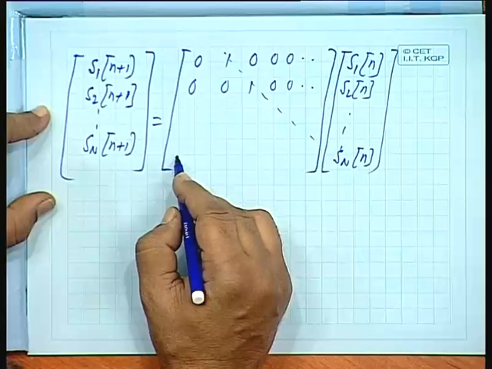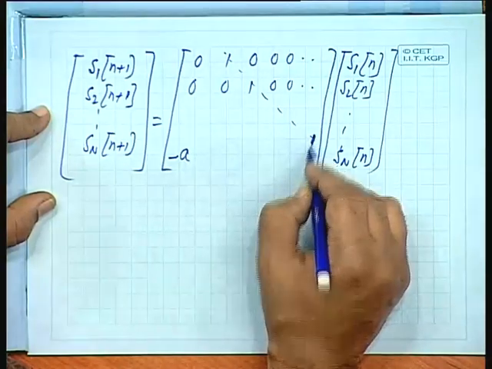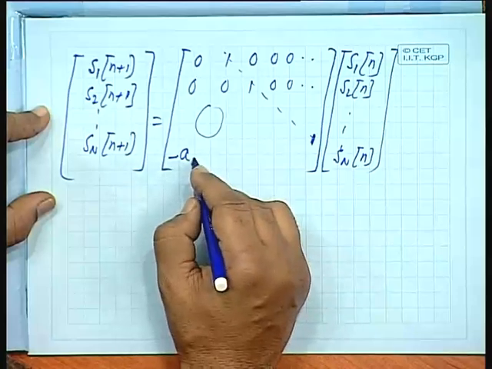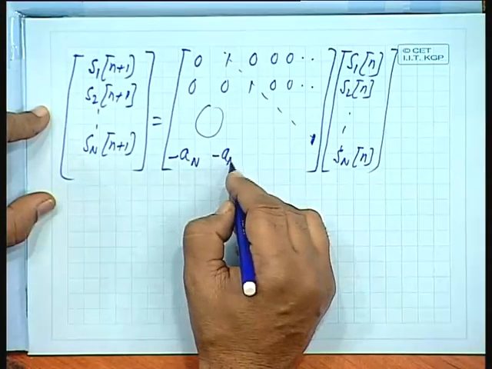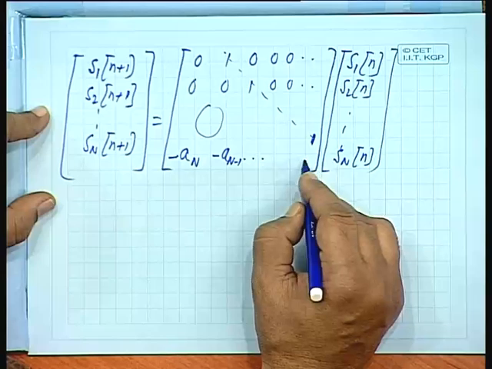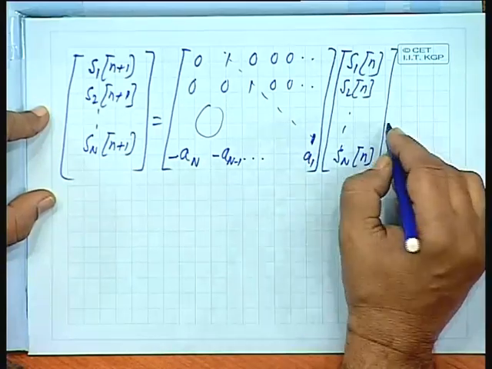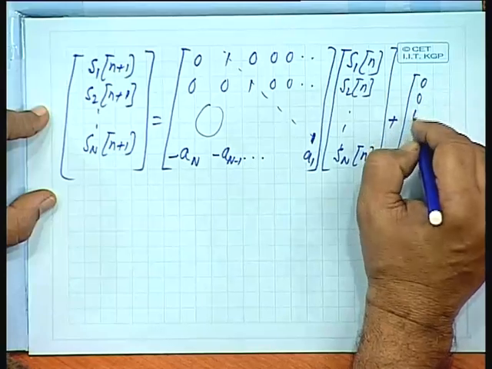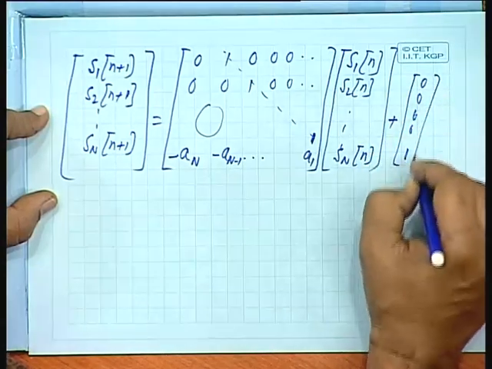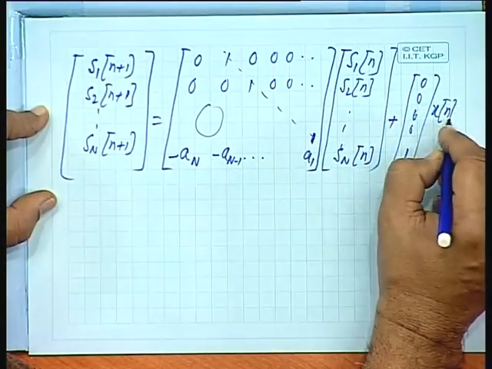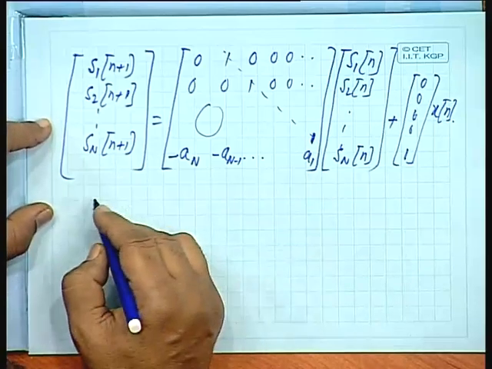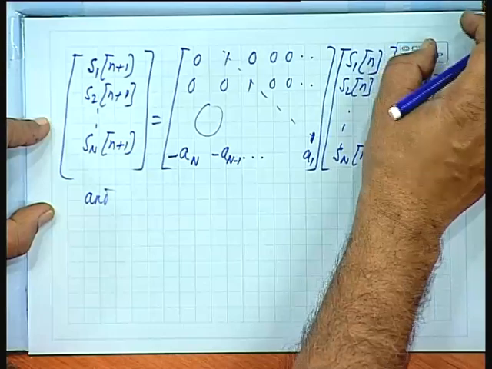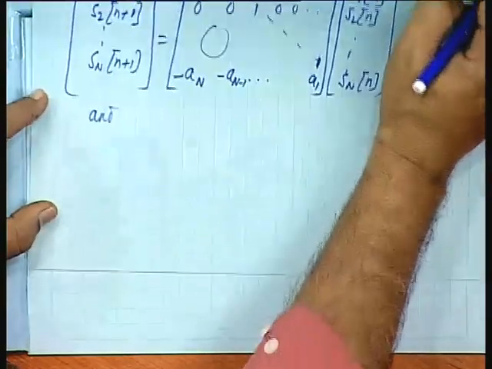Last row will be minus an, minus an minus 1 and so on up to minus a1, these are all zeros, plus I can write 0 0 0 0 only last one into xn. This is a very familiar form that you have studied in control systems, in the continuous domain.